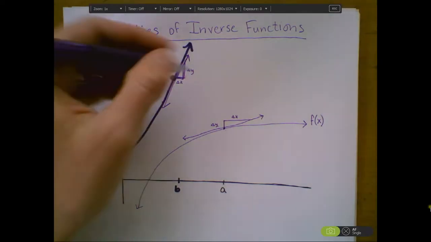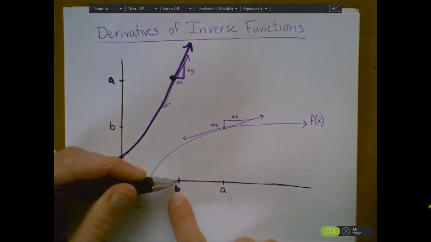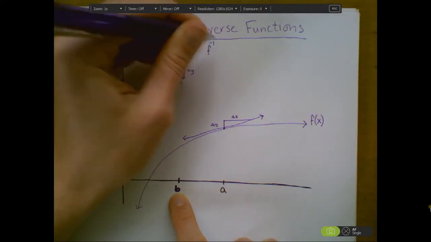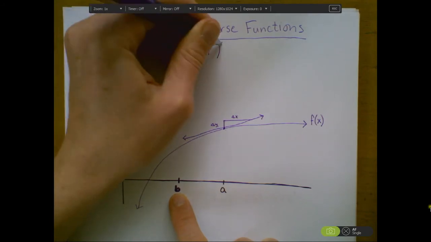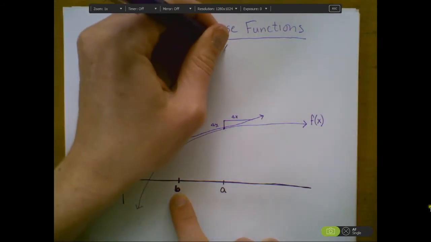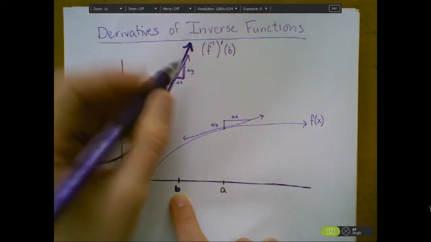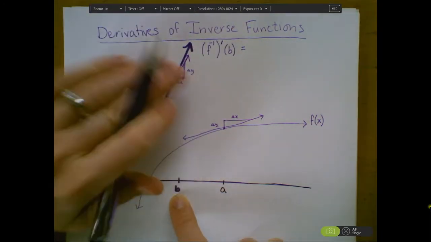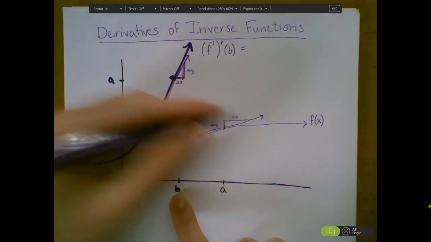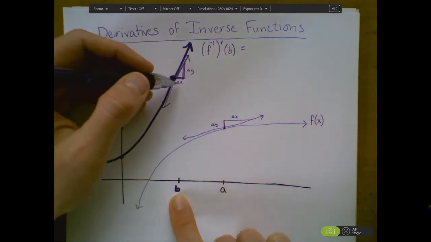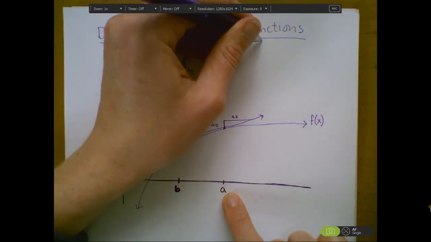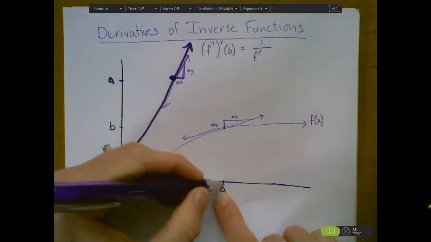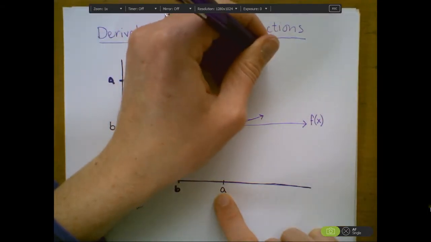Formally, that's saying that if I look at my f inverse function, I'm looking at the derivative of my f inverse function at this point B. The slope at this point is going to be equal to, instead of rise over run of this original function, it's run over rise of that function. It's going to be equal to the reciprocal of the derivative, the slope at this point A.